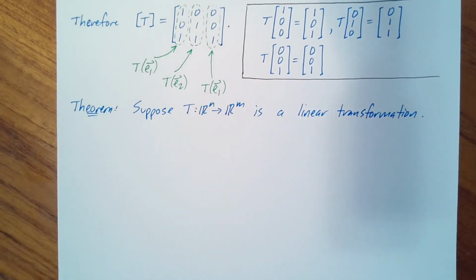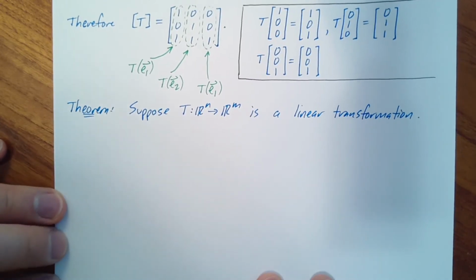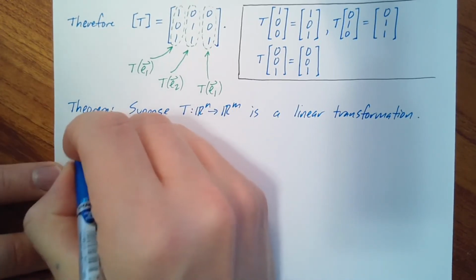Okay, so let's start with that assumption. Everything I say after this line will not apply to any function that isn't a linear transformation. This only is relevant if you already know that your function T is a linear transformation. Well, here's what the theorem says, though, in that circumstance.